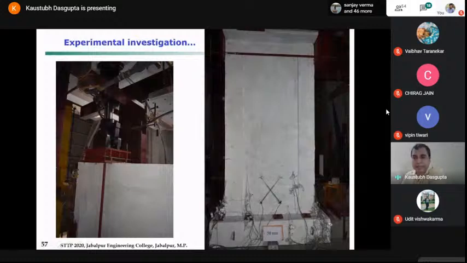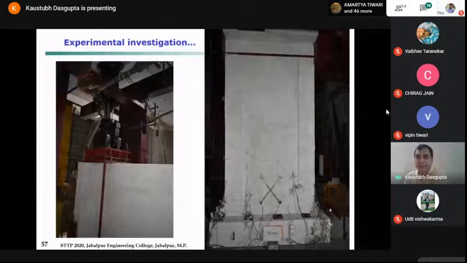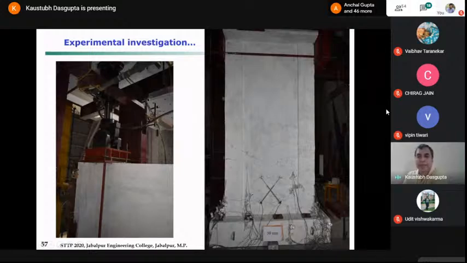As you can see, it was subjected to a displacement control cyclic test, and you can see the flexural cracks in the boundary element. This was with an enlarged boundary element. The interesting part is that the cracks extended to a large height, and as you come more towards the interior part of the web, they become diagonal cracks.